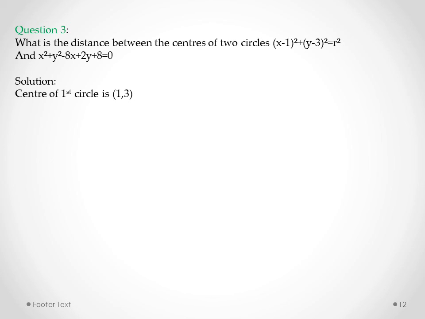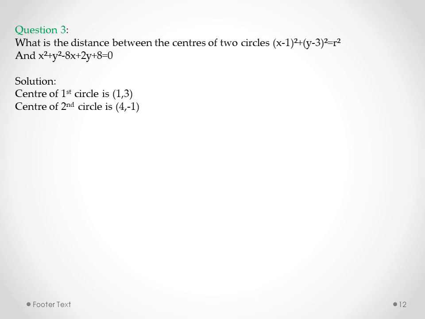Now from the first equation you can find the center. So the center of the first circle is 1 comma 3, obviously (h, k), right? And the center from the second equation is (minus g, minus f). If you see the value of g from here, g is minus 4, so it will become plus 4, and your f is 1, so it will become minus 1 because the center is (minus g, minus f), right?